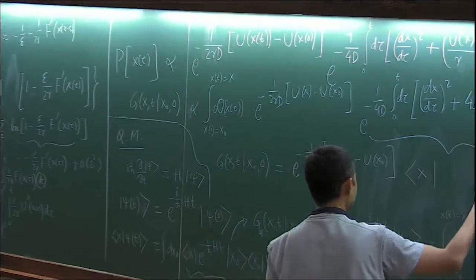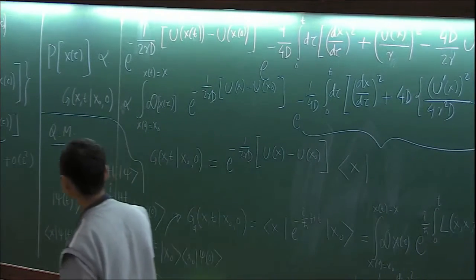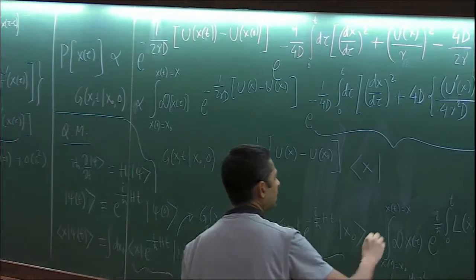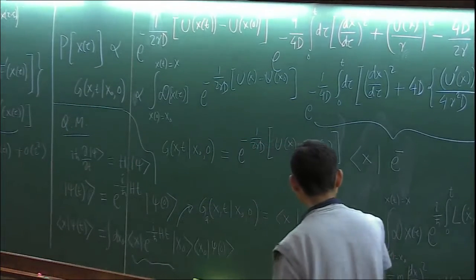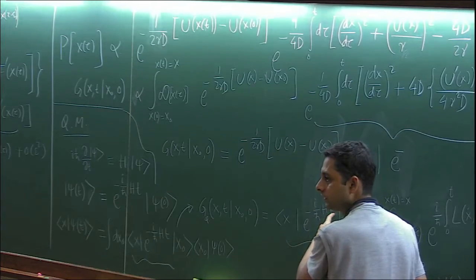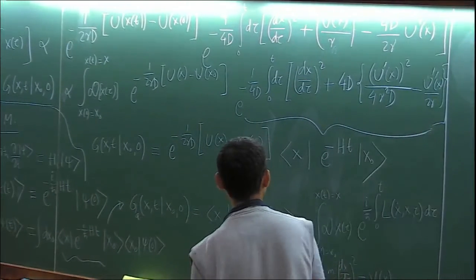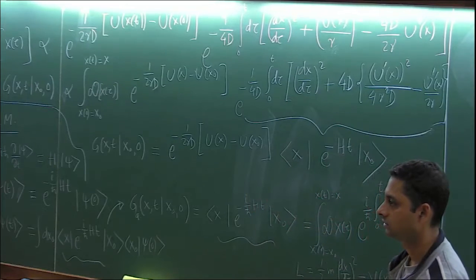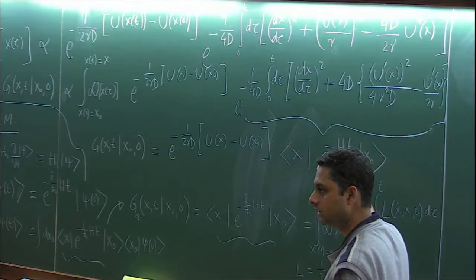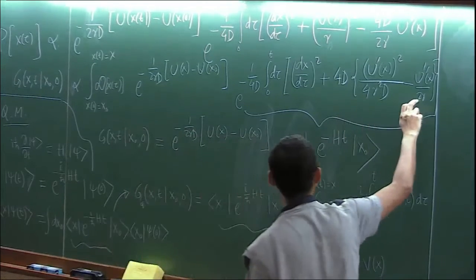It goes from x0 to x with a Hamiltonian. Where is this one? This one, right? Exponential of minus, but when I went from there to here, I had to make a change of variable, i by h cross t goes to t. So this just becomes minus h t, between x and x0, where your Hamiltonian is now just the quantum Hamiltonian with a potential which is this one.